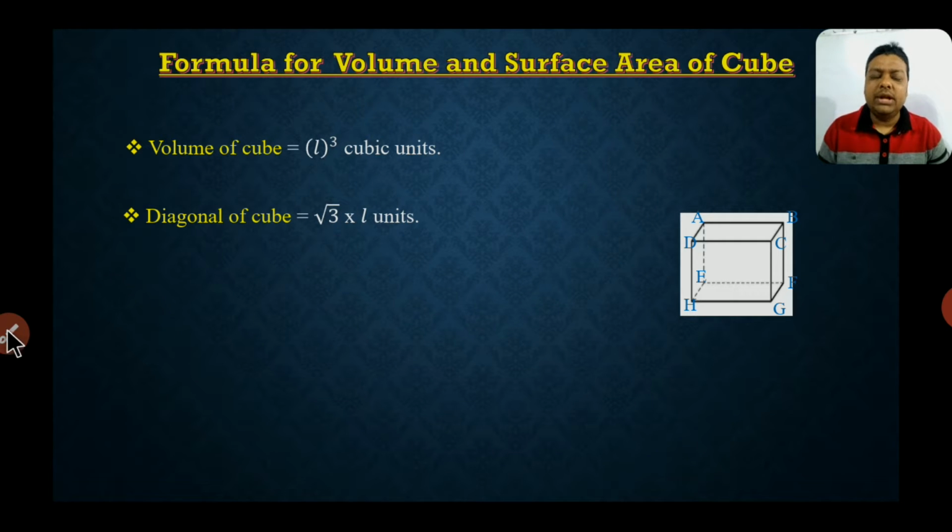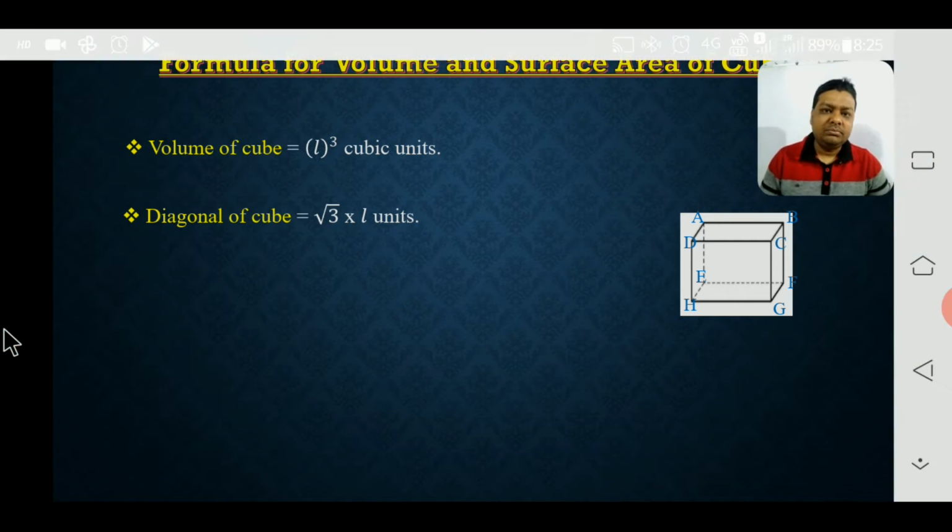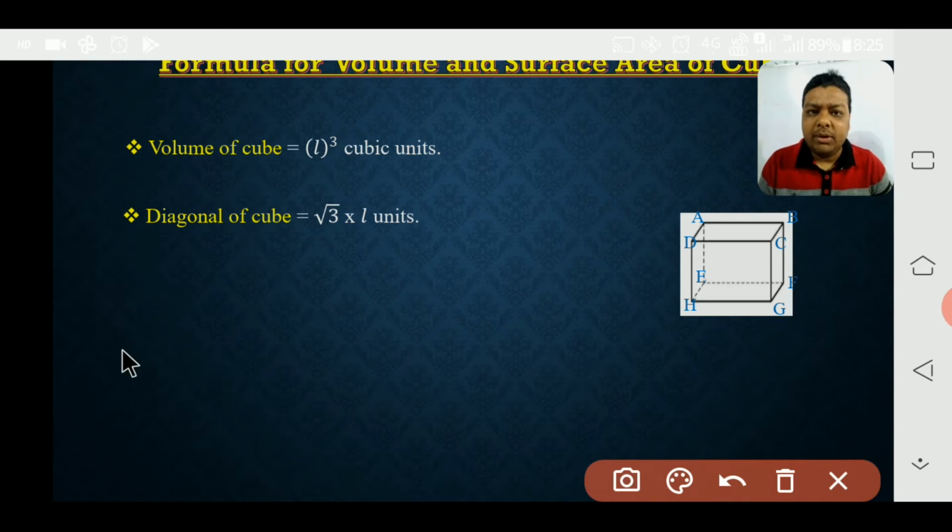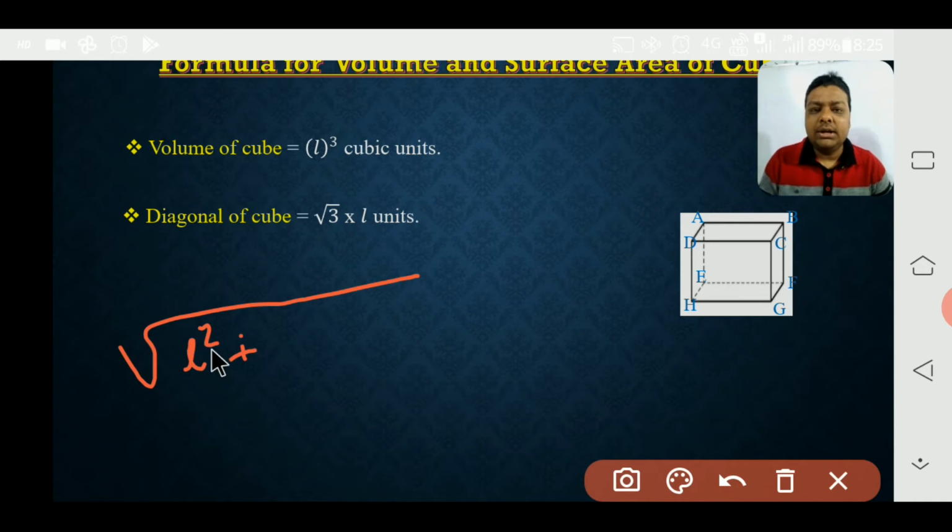How can we know that the diagonal of cube will be this? In cuboid we have already discussed that the diagonal is under root L square plus B square plus H square. But if you replace B and H with L, because in a cube all the dimensions are equal, all the sides are equal, so L square plus L square plus L square will be under root 3 L square.